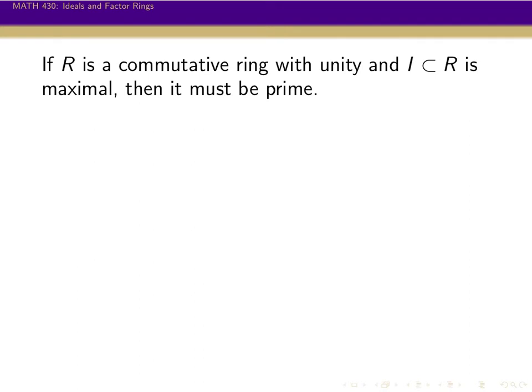If we had a ring with unity and we take a maximal ideal, then we are guaranteed that it has to be prime. And so the idea is, suppose we take 2 elements A and B in the ring with AB being inside I, where I is maximal.